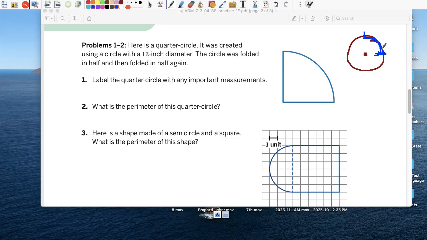It's not half a circle, it's not a full circle, it's a fourth of a circle. If I'm speaking of this blue line, it's not the whole distance around a circle, but it's 1/4 of the circumference of a circle.